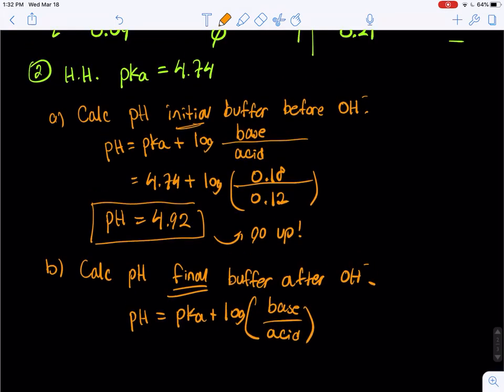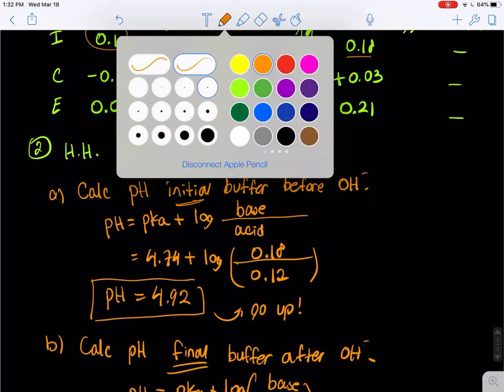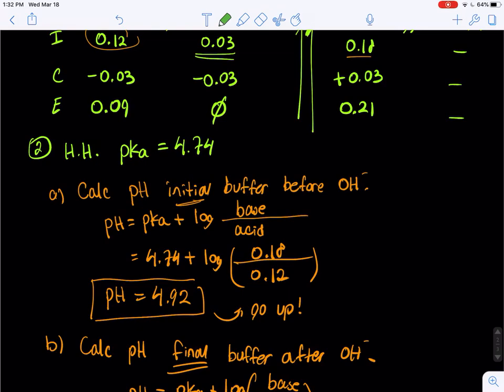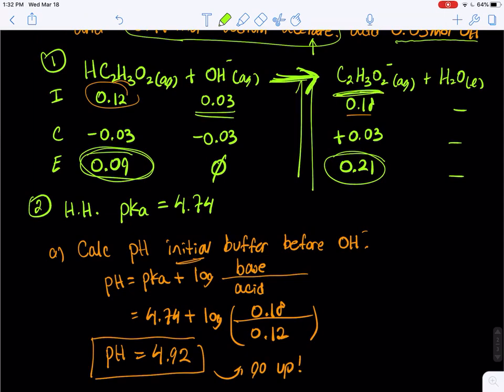But remember, after reaction, we use these values in green that we figured out, the 0.09 and the 0.21. Remember, the one with the fewer hydrogens is the base.